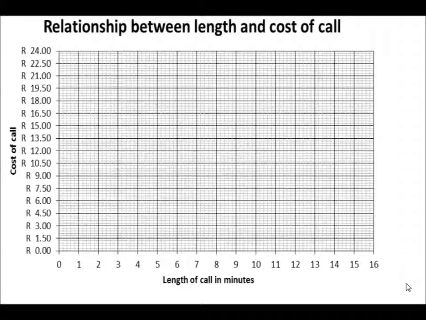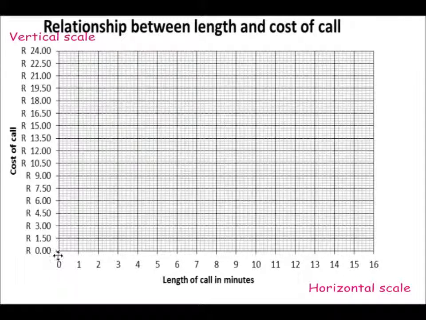You go back to your table of values to see to which number you've got to take your vertical axis and how far you have to take your horizontal axis. So we go and we fill in those scales. Remember, we start at 0, and it would be convenient to choose intervals of 1 Rand 50 because the calls are 1 Rand 50 per minute.